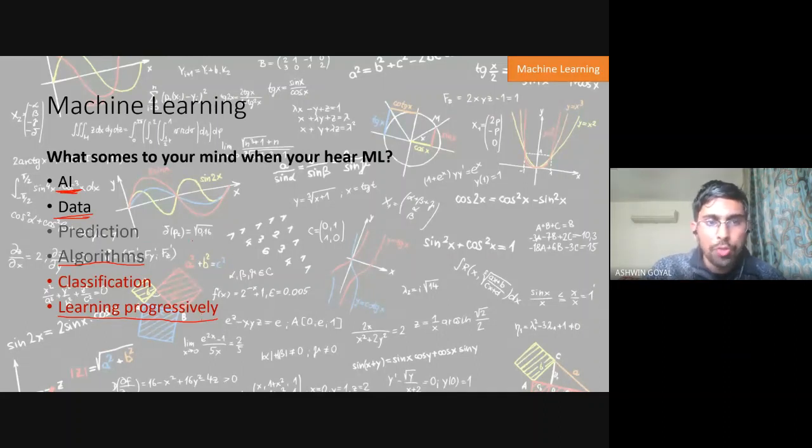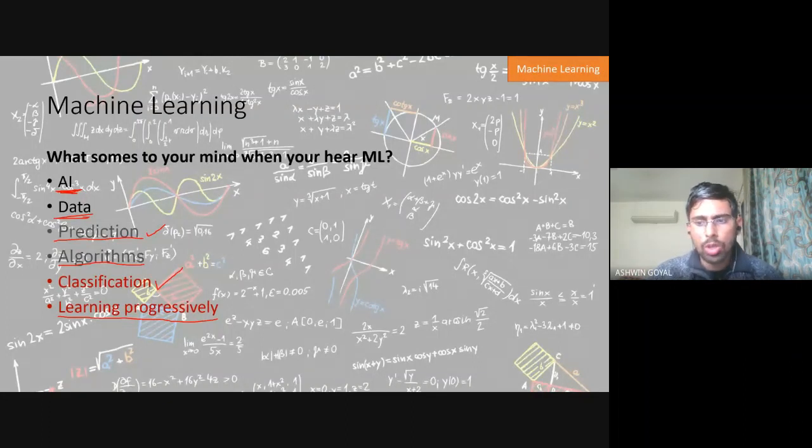Now, two very famous use cases of machine learning are prediction and classification. These are the most commonly used use cases. Machine learning is mostly used to predict something, say, for example, the weather or temperature tomorrow. Or classification: suppose I feed 10 images to my machine learning model.